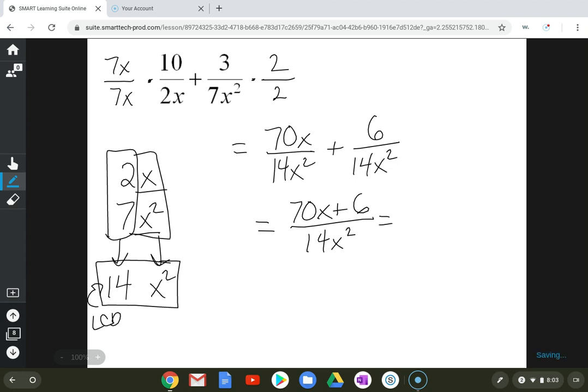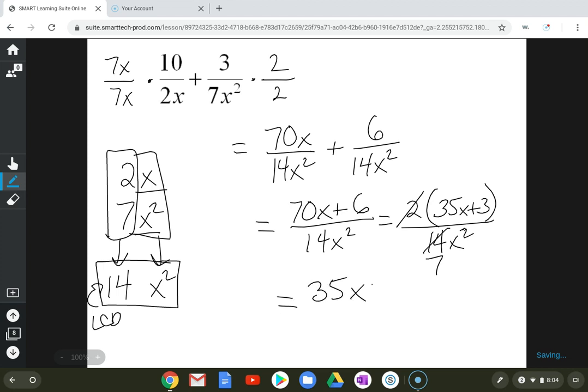I'm going to factor a 2 out of both terms on top. 35x plus 3 over 14x squared. And now I can cancel this 2 with the 14, and my final answer is 35x plus 3 over 7x squared. So we could have canceled this guy at the beginning.